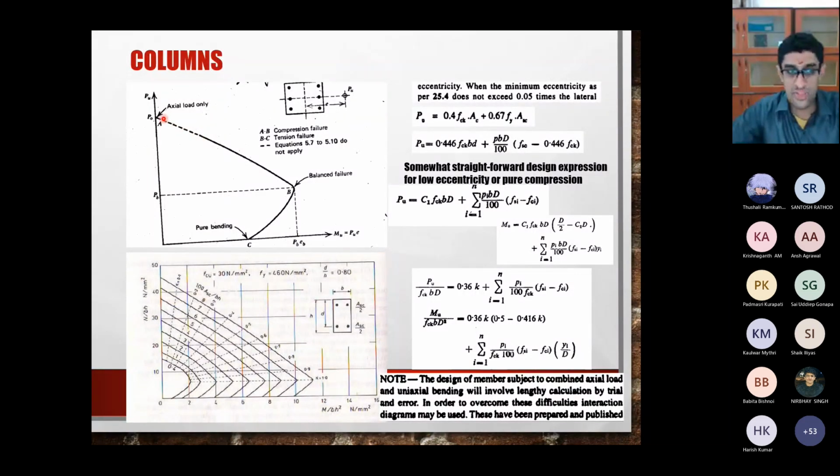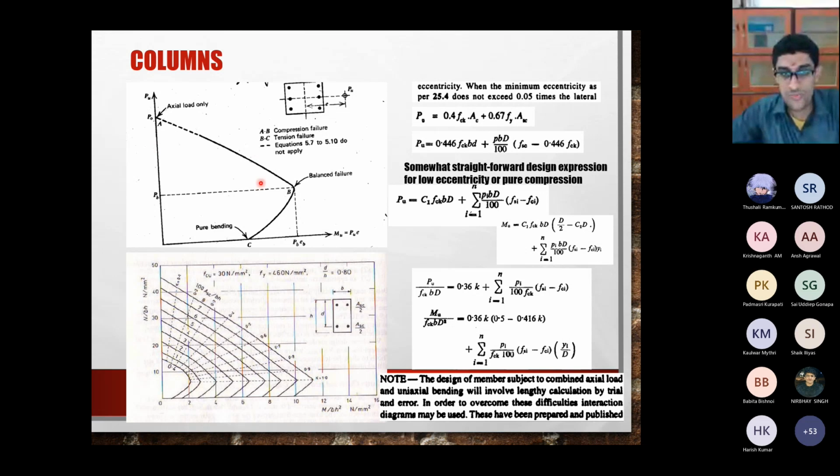So therefore, we have this kind of diagram which gives you an envelope, saying that as long as the moment and the axial load are within this envelope, you do not have any failure. If the values of load or moment fall outside this picture, then there is a likely failure of your column.